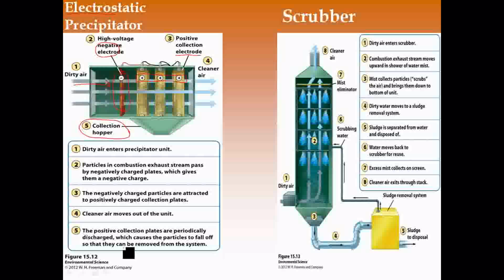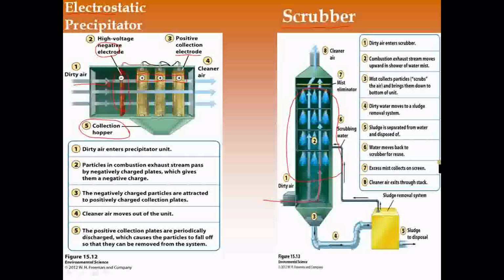The most popular air pollution control device is called the scrubber, and this is also done inside the smokestack. All three of these things are done inside the smokestack. Dirty air enters the scrubber, and as you can tell here, we use a whole lot of water. We use water to literally wash the tiny little solid materials that are in the dirty air that's coming up.